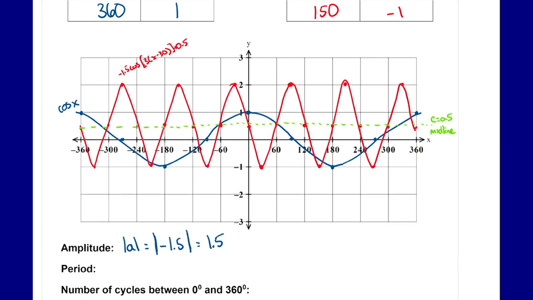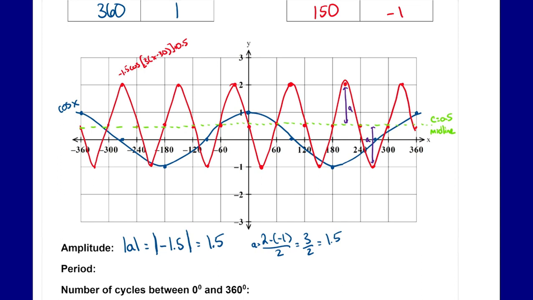And we can see that from the graph because we can see what our highest value is. We could determine it by looking at the distance from the midline to the maximum, or from 0.5 to 2, or from 0.5 down to our minimum, which is negative 1. So different ways you could look at it. I could take the max and min as well: 2 minus negative 1 divided by 2, or 3 divided by 2, which is 1.5. So different ways you can determine the A value.